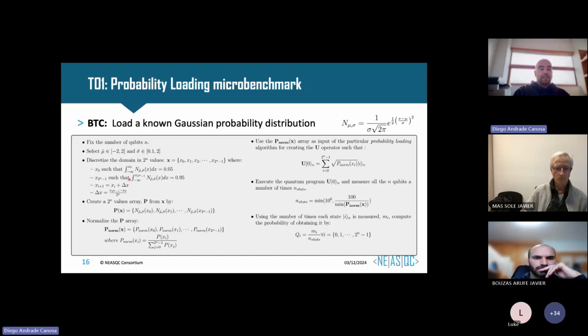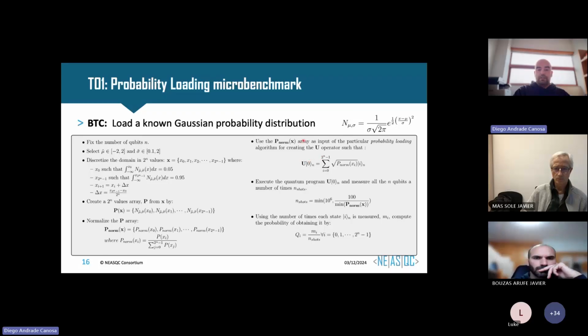The idea is that this part of the execution procedure of the benchmark test case is the classical preprocessing. So at the end of this classical preprocessing, what we have is an array of probabilities associated to each possible quantum basis state. So these are the probabilities that we have to encode using the unitary operator.